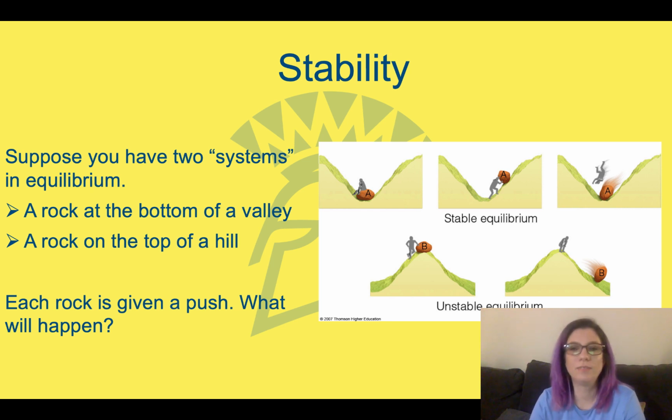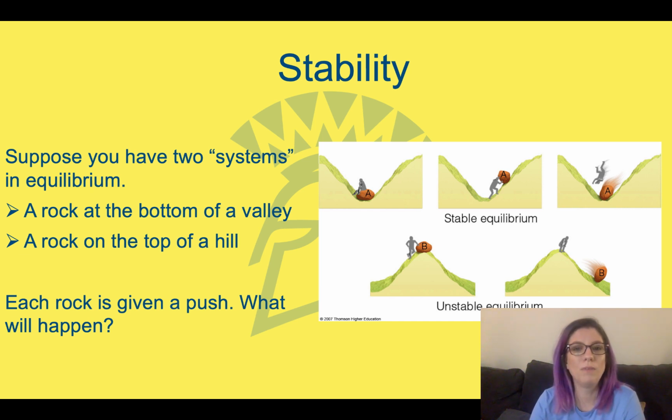Stability might be a little different than what you might think. When something is stable, that means it is going to go back to its original place, the place that it was at to begin with. We can describe it as a rock on a hill.